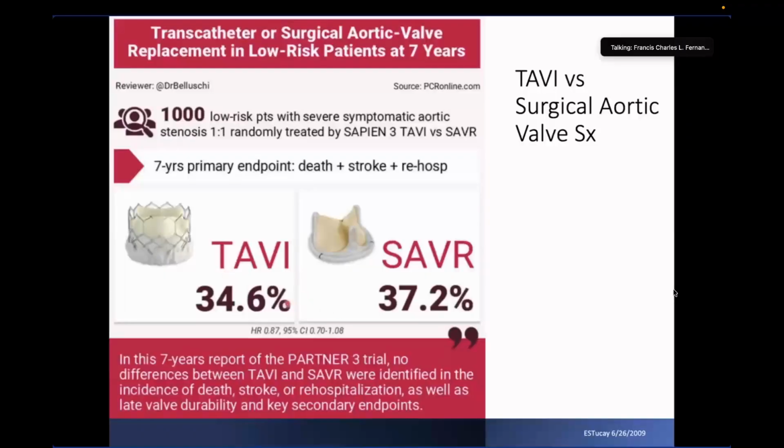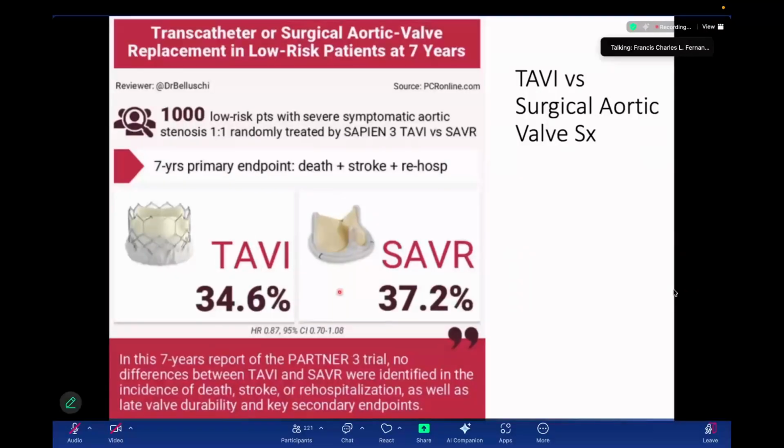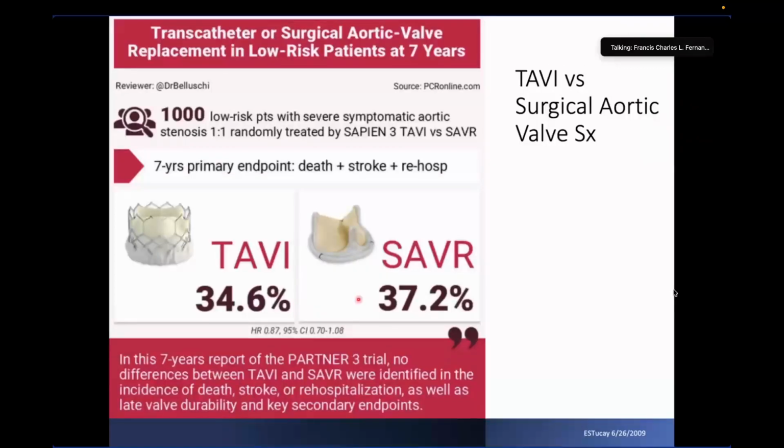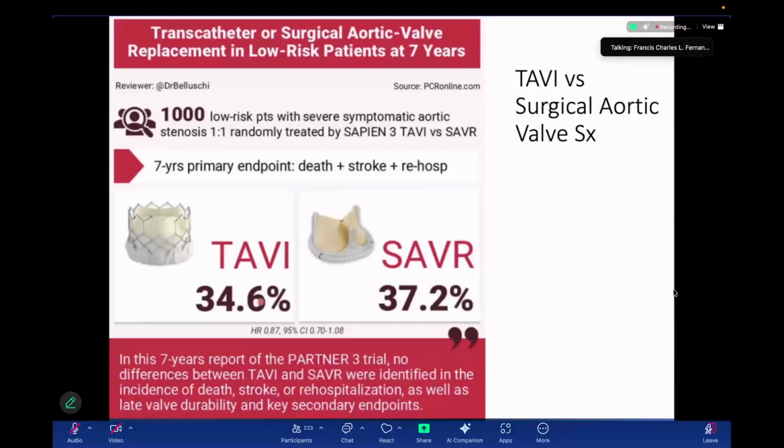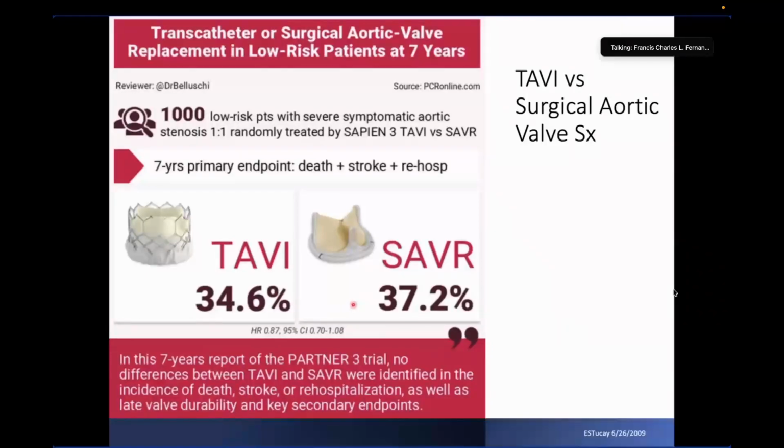So the hazard ratio 0.87, and we can see the outcomes for TAVI in the 7 years of the PARTNER 3 trial showed there were around 34.6 incidents of death, stroke, rehospitalization, and late valve durability.